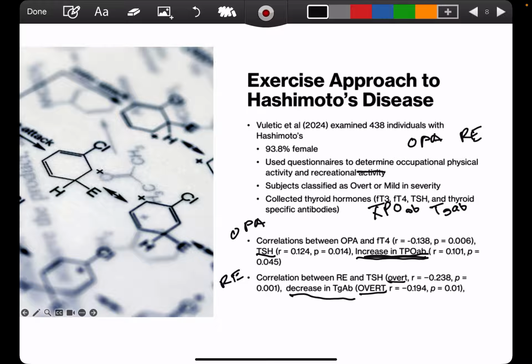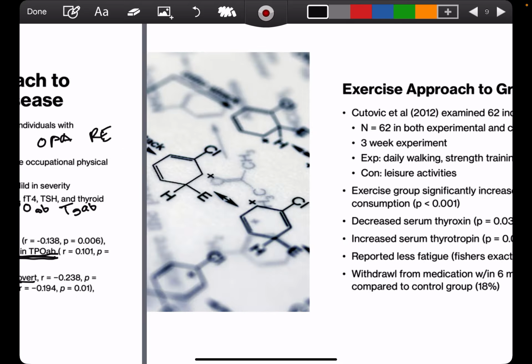We can probably presume that given the decrease of thyroglobulin antibodies, the antibodies that destroy thyroglobulin, which does the work to convert iodine to synthesize T4 and T3. So the decrease in the antibody that's stopping all that is a pretty positive sign.